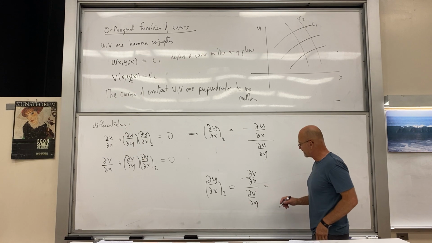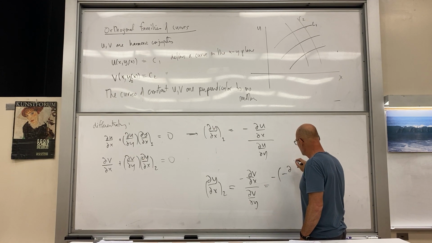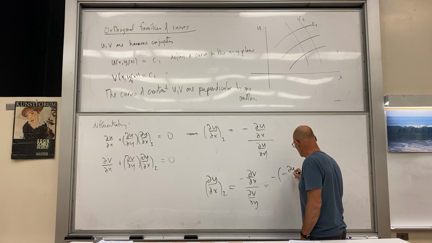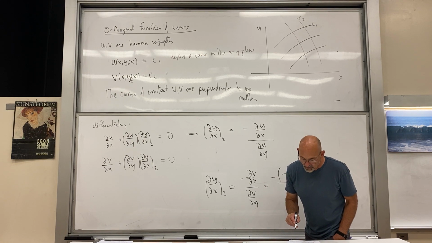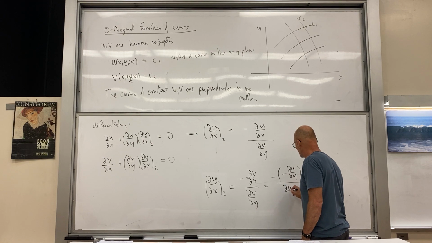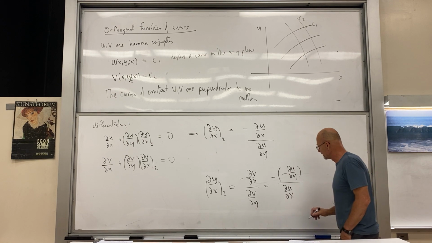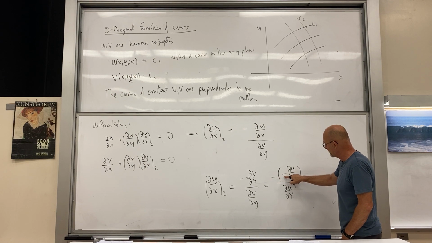Okay, but now what we want to do is express these in terms of u. So we have minus negative du dy and dv dy, du dx. And this is 1, so this is positive.